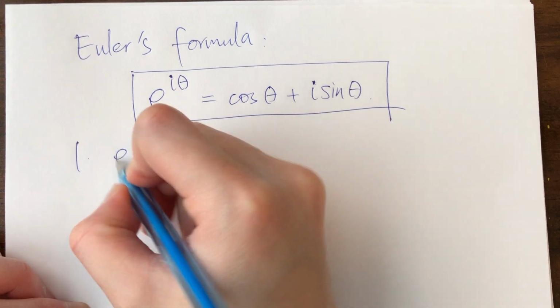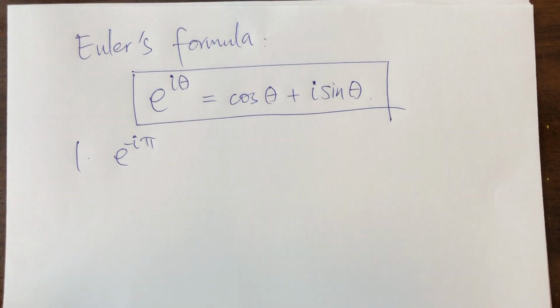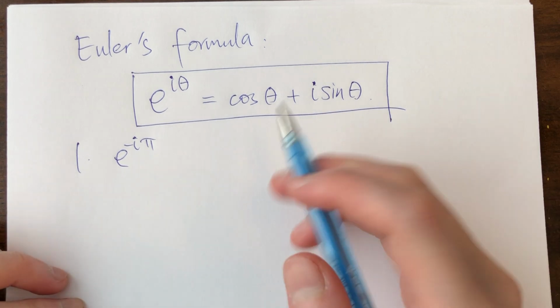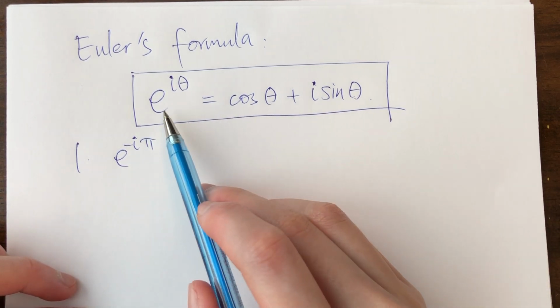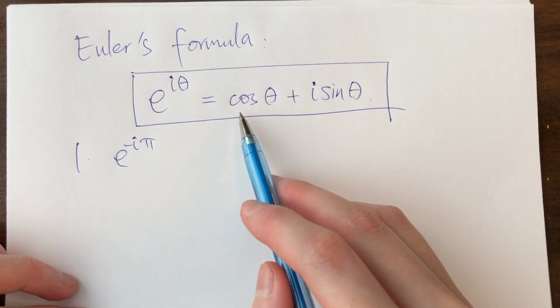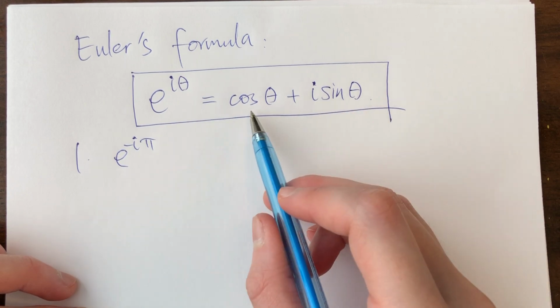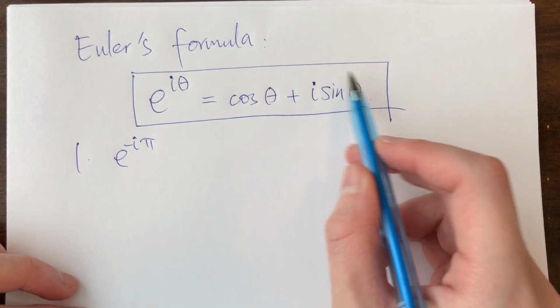The first one, e to the negative i pi. We want to evaluate this and write it as the usual form of a complex number, with a real part and an imaginary part.